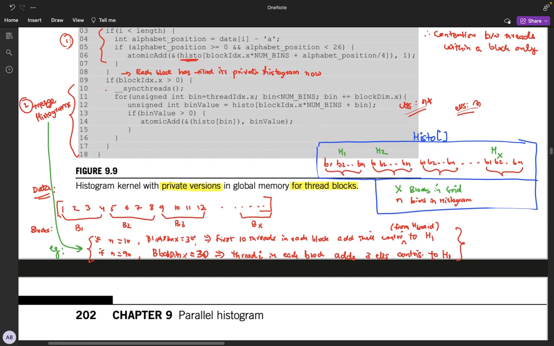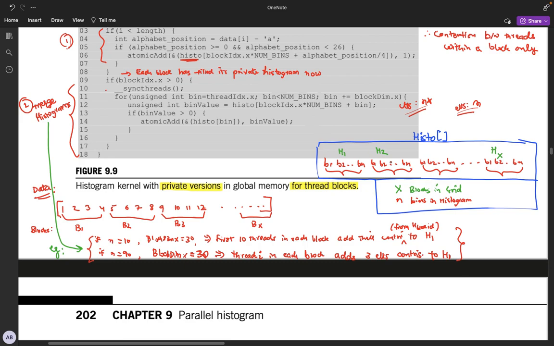So for example, if n, the number of bins, is 10 and the block dimension is 30, then in each block the first 10 threads add the histogram value corresponding to that thread to the histogram value corresponding to that thread in histogram 1.